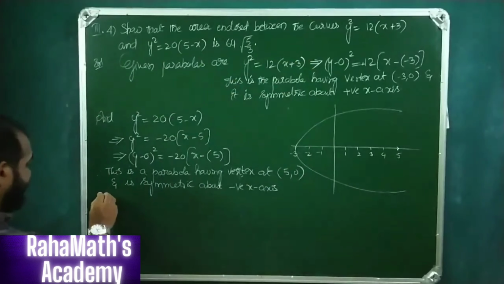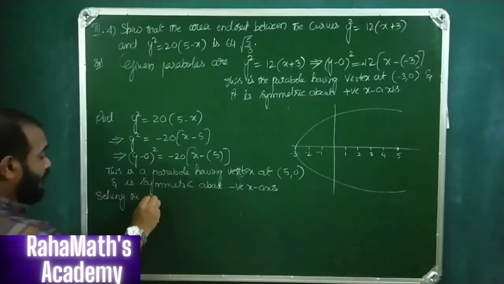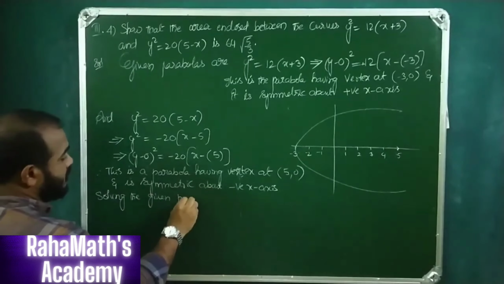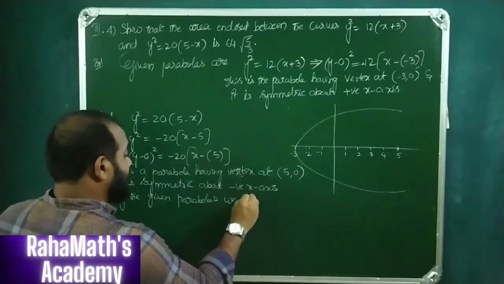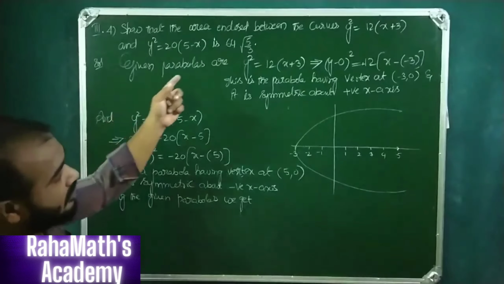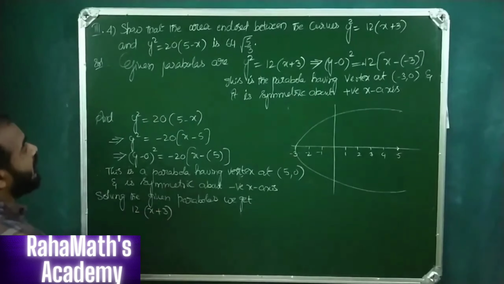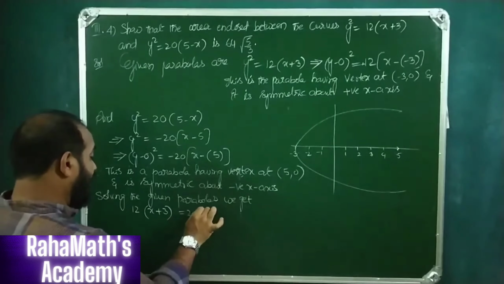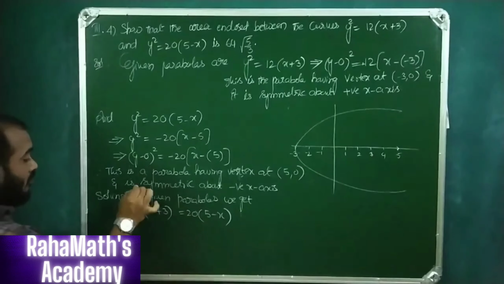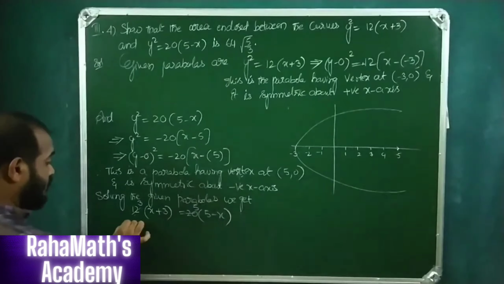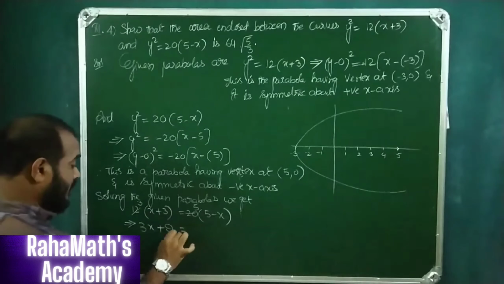So solving the given parabolas, we get, since both are y square equals y square equals, therefore it can be equated. 12 into x plus 3 equals 20 into 5 minus x. So 4 3s are 12, 4 5s are 20. So this is equals 3x plus 9.